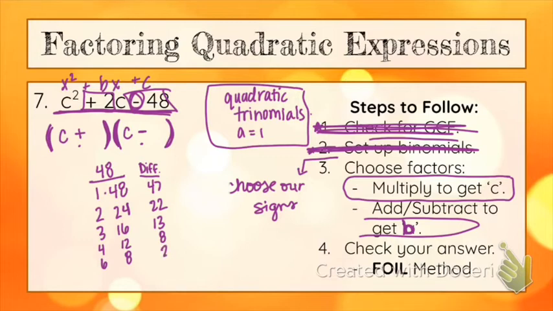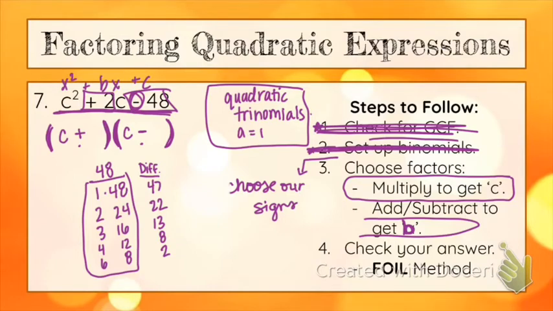The difference is 2. And then 7 does not go into 48 evenly. The next number I would test is 8, but I've already used 8. When I start to repeat myself, that means I've got all of my factors to choose from. So these are all the factor pairs I can choose from that equal 48.